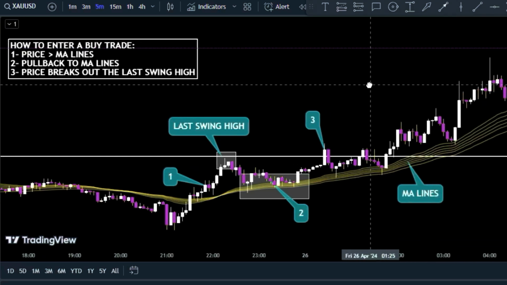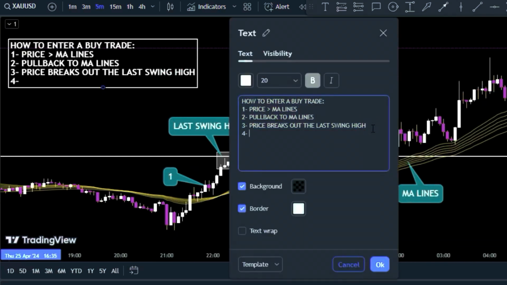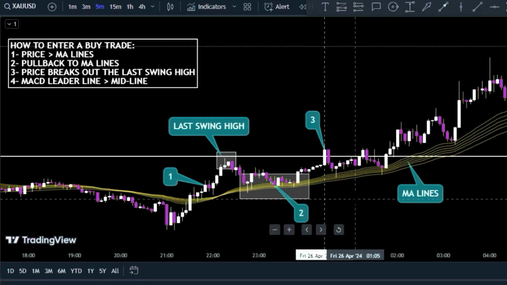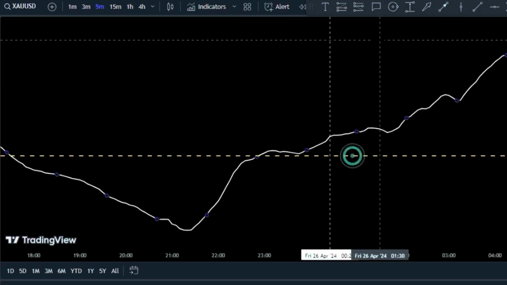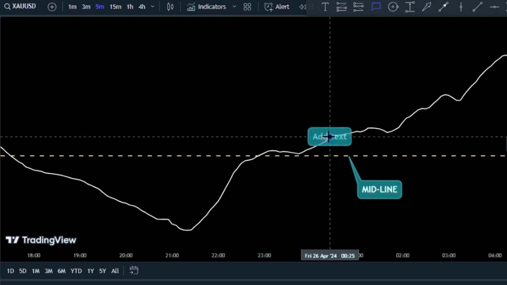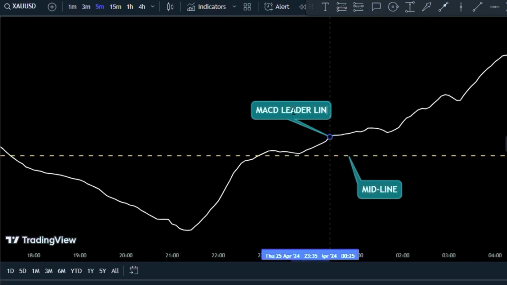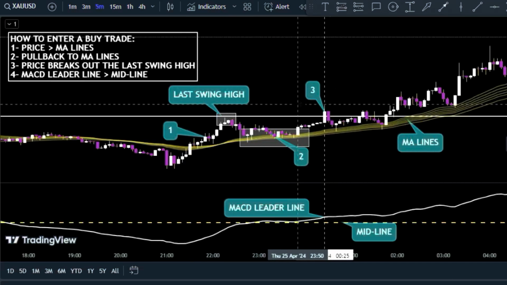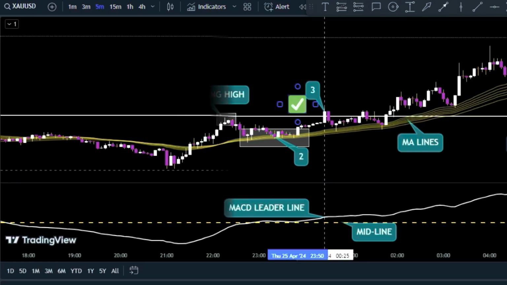Lastly, as a final confirmation, check that the MACD leader line is above the midline of the MACD leader indicator. So, once you observe all these conditions coming together, it's time to enter a buy trade with confidence.